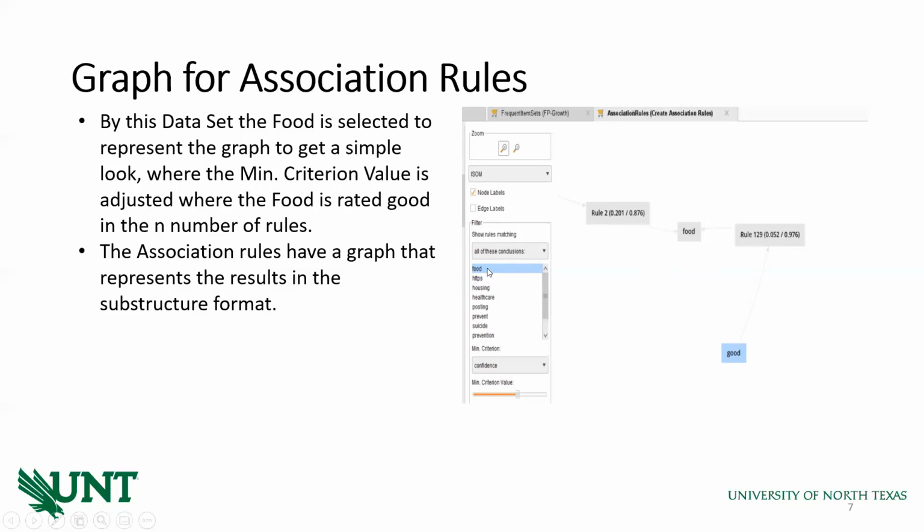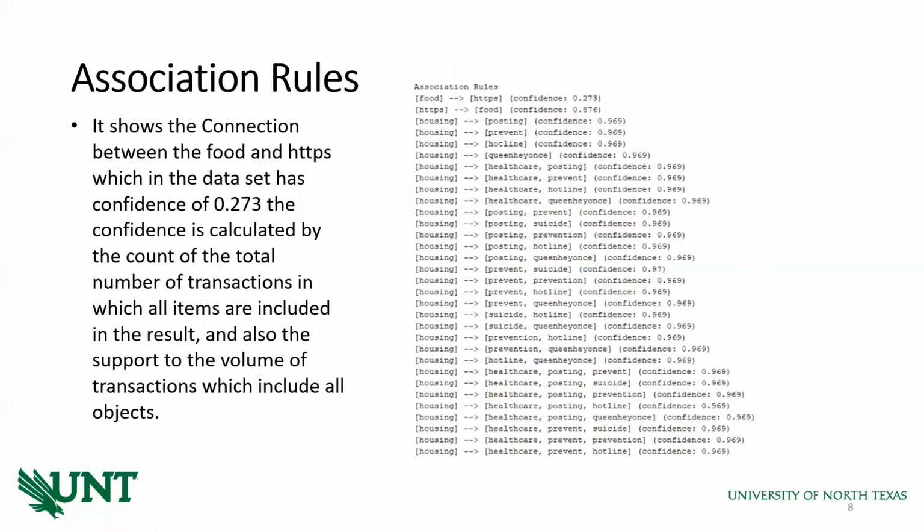If you select food, it shows different rules for food. The association rule shows the connection between food and HTTPS, which in the data set has a confidence of 0.273. You can see the association rule in the image. I have added the screenshot. Food to HTTPS confidence is 0.273.